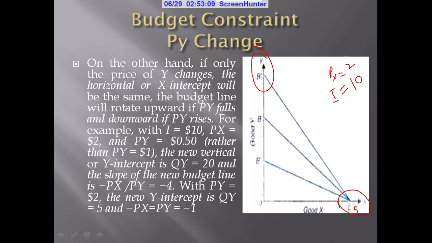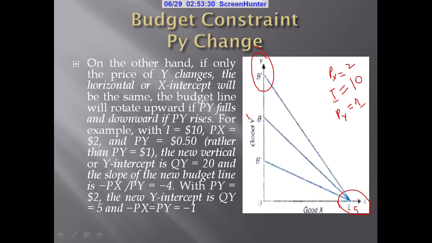Let's suppose this is the initial budget line with this income level and the price of Y equal to 1. How many units can the individual buy? The individual can buy 10 units.